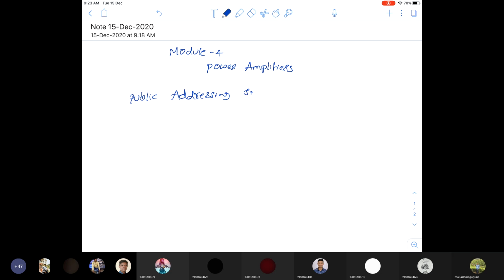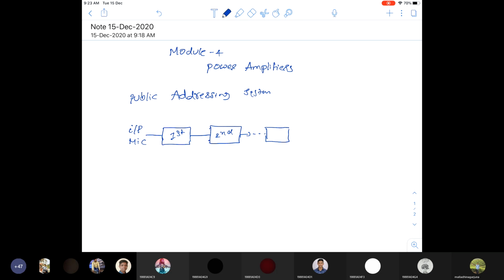The block diagram says this is the input, the mic, what we are speaking, and these are the stages: the multi-stage amplifier, the first stage, the second stage, and so on.